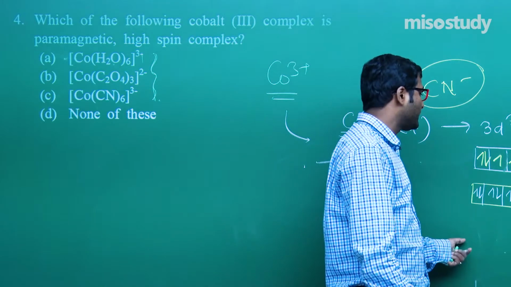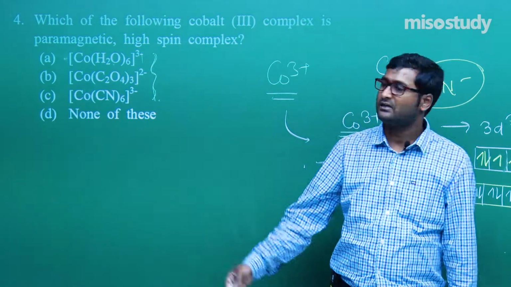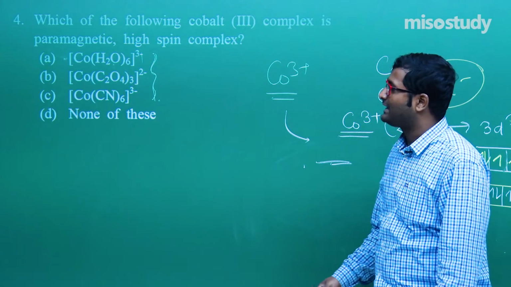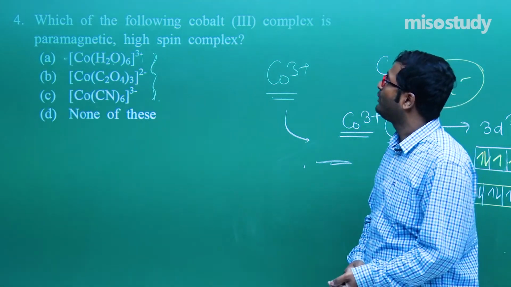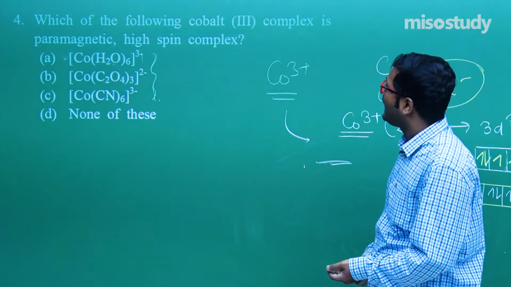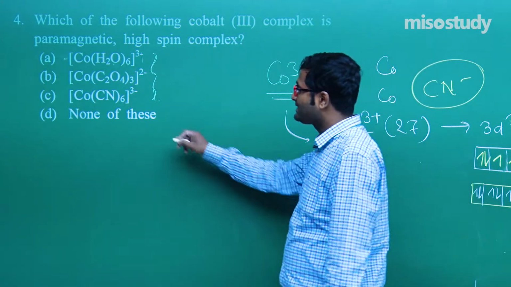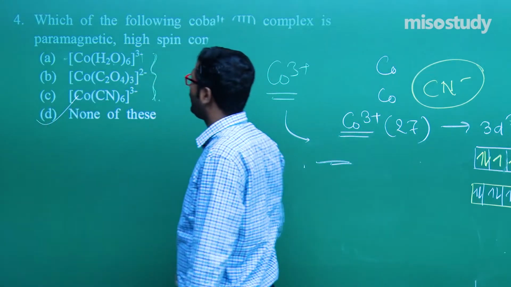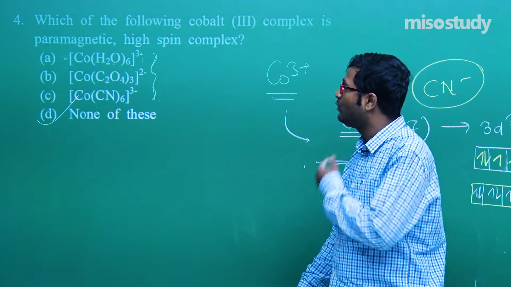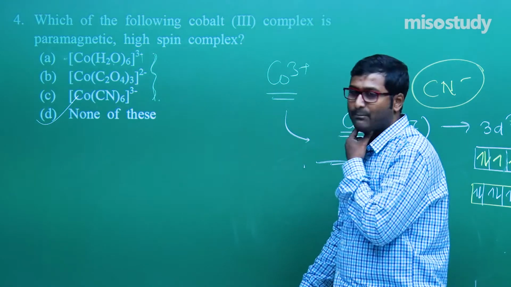If pairing takes place, then again it will form an inner orbital complex, low spin and diamagnetic in nature. So which of the following cobalt complexes is a paramagnetic high spin complex? None. So the answer of this question is none of these. Clear, friend? If you have any doubt, you can easily approach me.